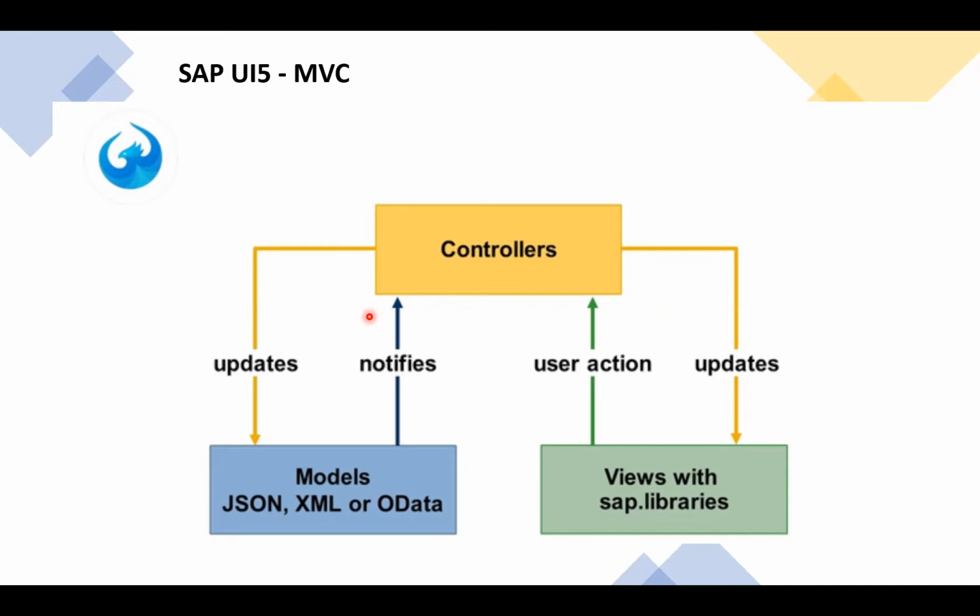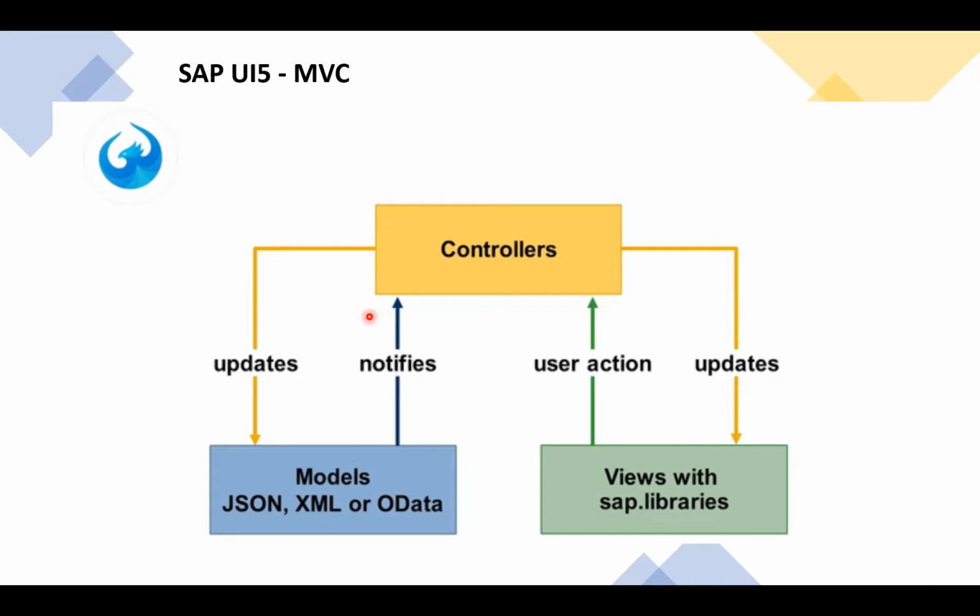From the architecture point of view, both SAP UI5 and OpenUI5 are built adopting the MVC architecture, which is model view controller architecture. We have been very familiar with this MVC architecture for quite a long time.